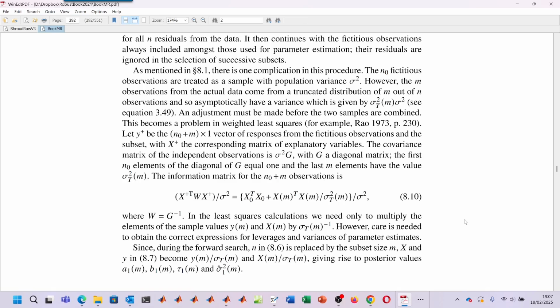Therefore, in order to have an unbiased estimate of sigma squared, we have to take into account that the variance estimated using the m central observations is a biased estimate of sigma squared, because our m observations are the best out of n, and therefore have a variance which is equal to the variance of the truncated normal distribution, where the truncation proportion is the subset size m divided by the sample size n.